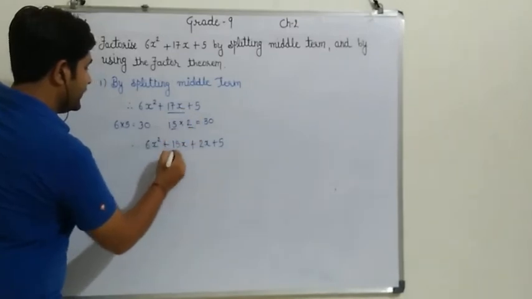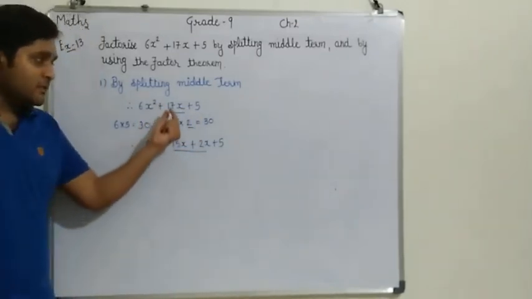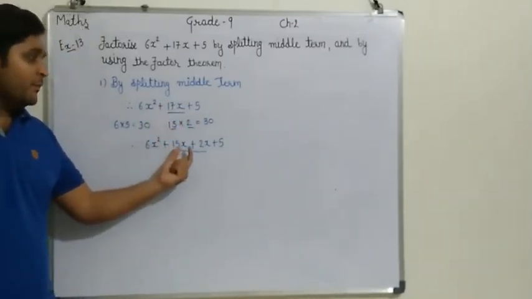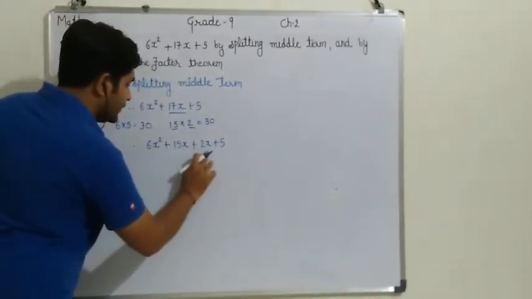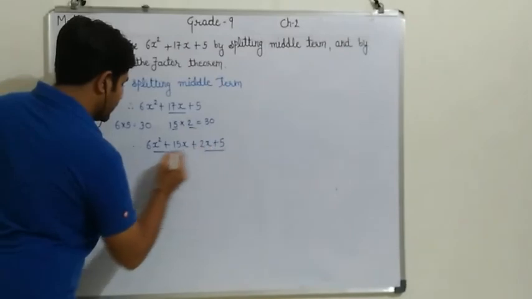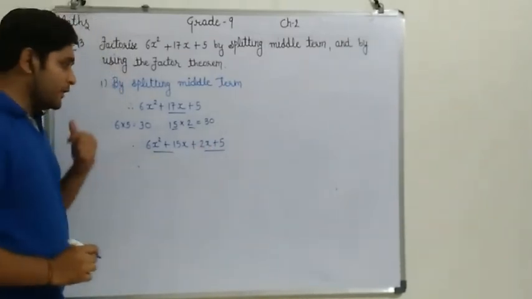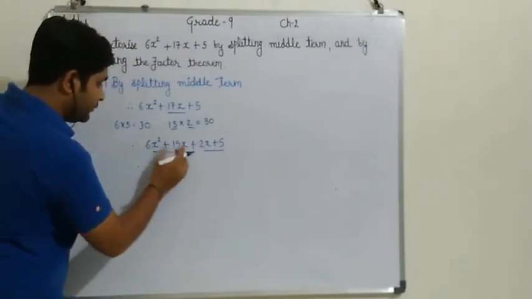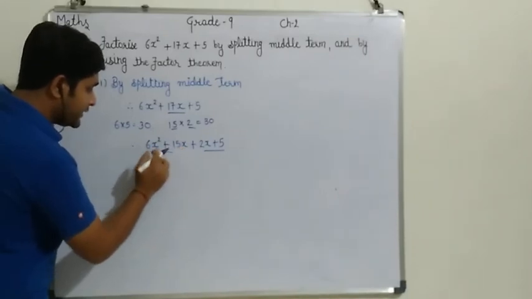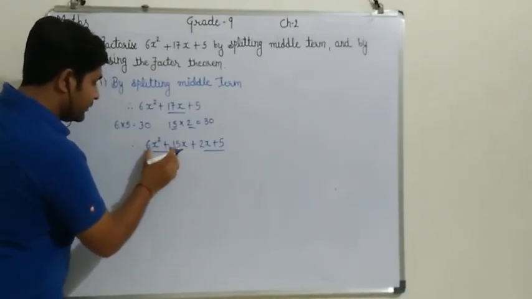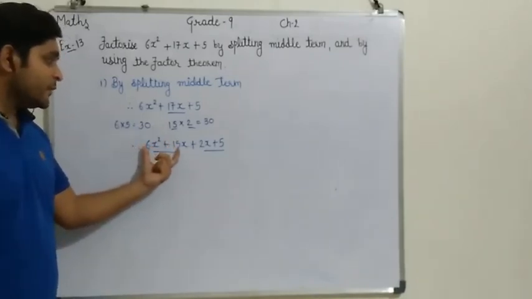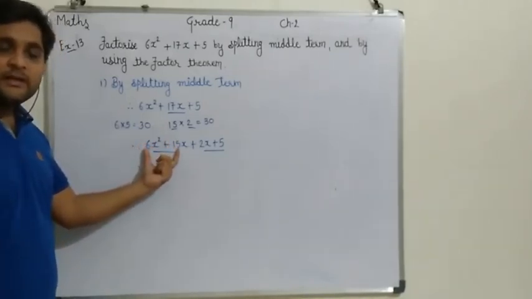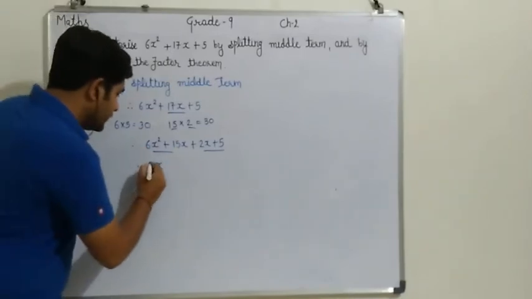So the middle term we have already split: in place of 17x, I got 15x plus 2x. Now we can pair two terms and take out whatever is common. From the first two, we can take x as common, and since 6 and 15 are both in the table of 3, we can take 3 as common.